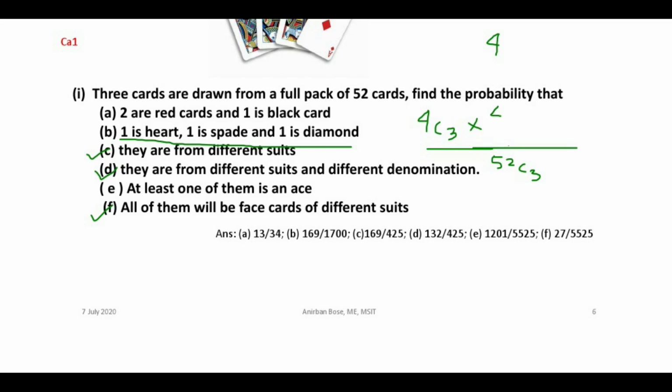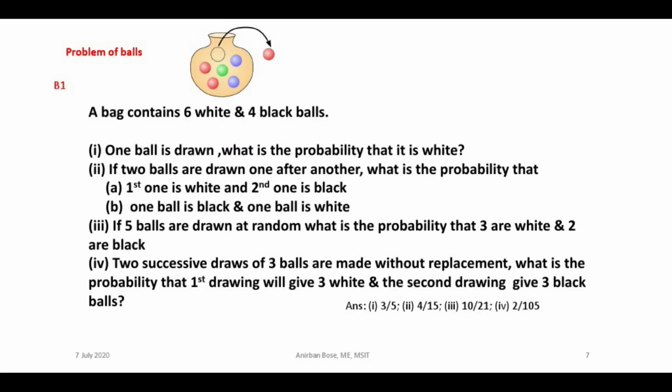There are 3 face cards, so 3C1. Then from a different suit, again you have to choose 1 face card, 3C1. So it is 3 into 3 into 3 into 4C3, that is 4C1, and you have to do the calculation.